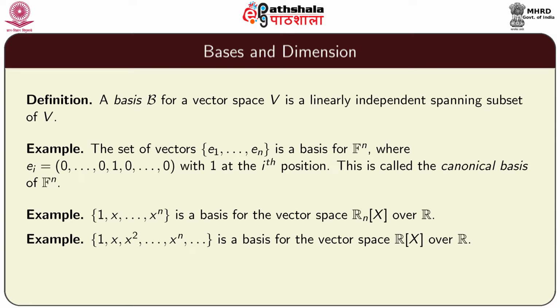Why is that so? If we take the linear combination of 1, x and so on up to x to the power n, that would look like a0 into 1 plus a1 into x and so on up to an into x to the power n, where a0, a1 up to an are in the real field R. And if this linear combination is equal to the 0 vector, that means the 0 polynomial, then it is a defining property of the polynomial that a polynomial is the 0 polynomial if and only if all the coefficients are 0.